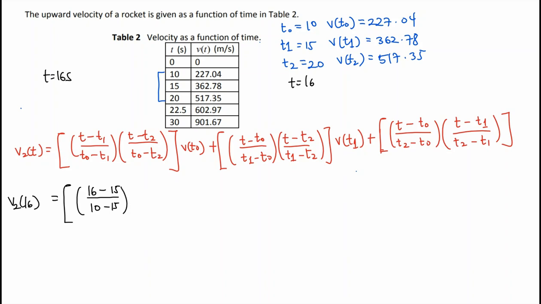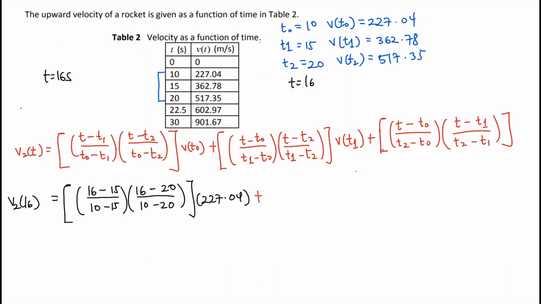This looks a little confusing to me, but let's continue. Then 16 minus t2, which is 20, divided by t naught, which is 10, minus 20. Bracket close. All this multiplying v of t naught, which is 227.04.